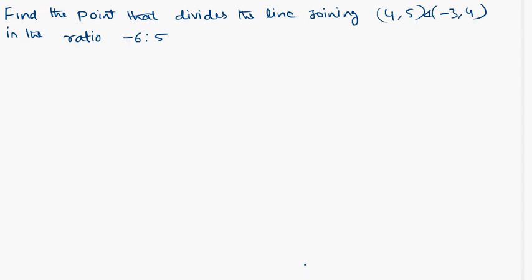Let us take another example and find the coordinates of the point that divides the line segment joining 4, 5 and -3, 4 in the ratio -6:5.